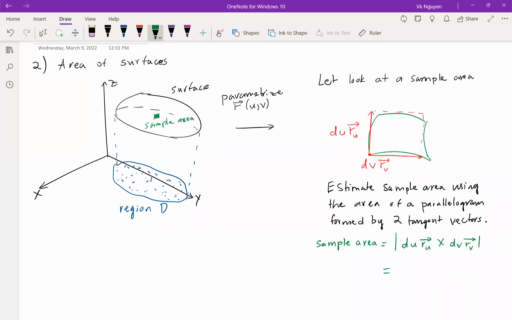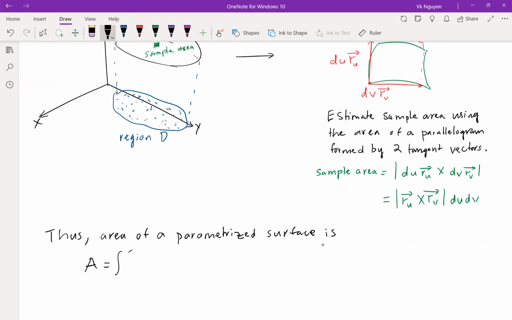So what do we have here? We have the magnitude of r_u cross r_v and du dv. The area is going to be summing over the region D of a sample area, and that sample area is magnitude of r_u cross r_v dA. du dv is the same as dA.